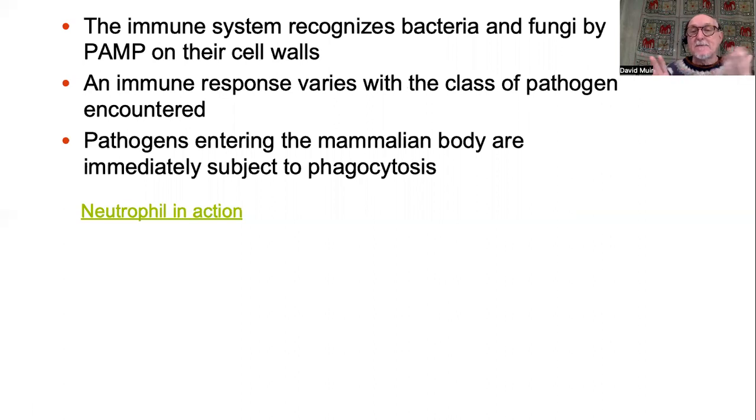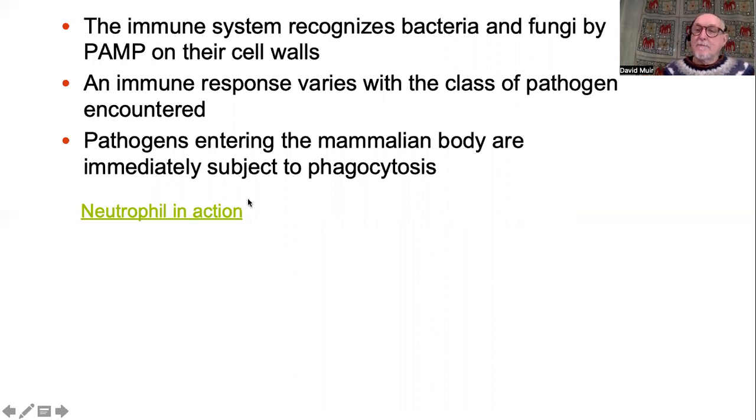The first thing to realize is that the cells of the immune system respond to the presence of pathogens, for example, by recognizing specific molecular patterns that are on the outside of the pathogenic cell. We call those molecular patterns pathogen-associated molecular patterns, or PAMP.